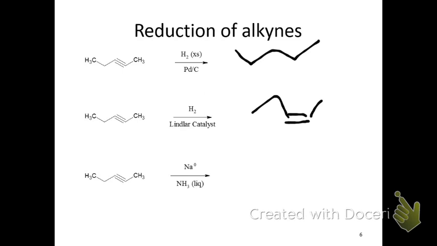In this particular case, electrons are being added to the alkyne to produce an anion. The anion gets protonated by the ammonia, and then another electron gets added to generate another anion, and a second protonation occurs from the ammonia to the intermediate.